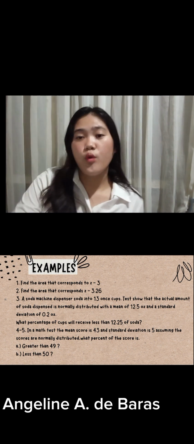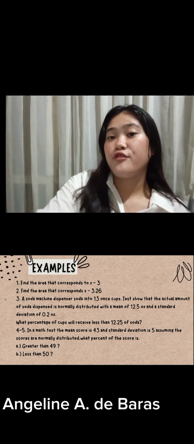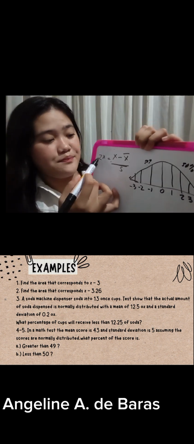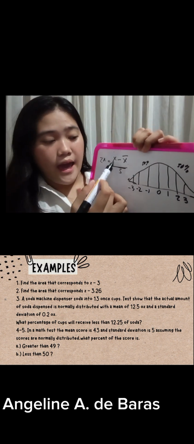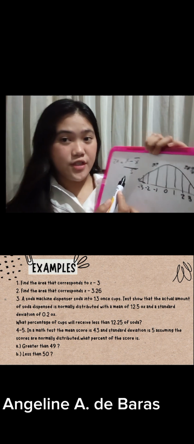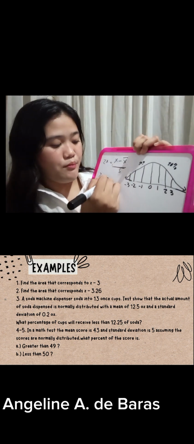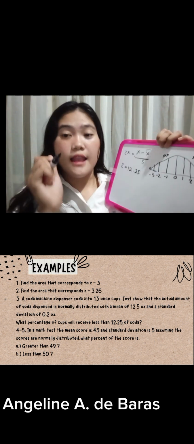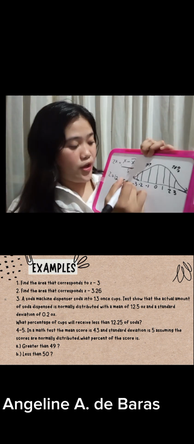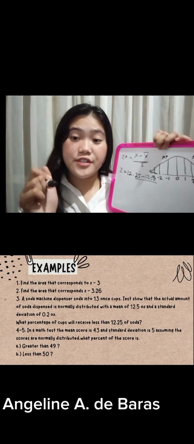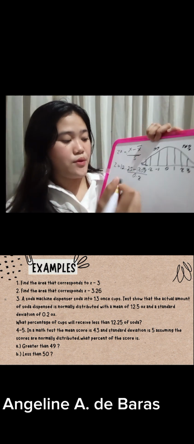So first, let's find the value of our z. We need this formula: z equals x less mean over standard deviation. So z equals 12.25 less the mean, which is 12.5, over the standard deviation of 0.2.